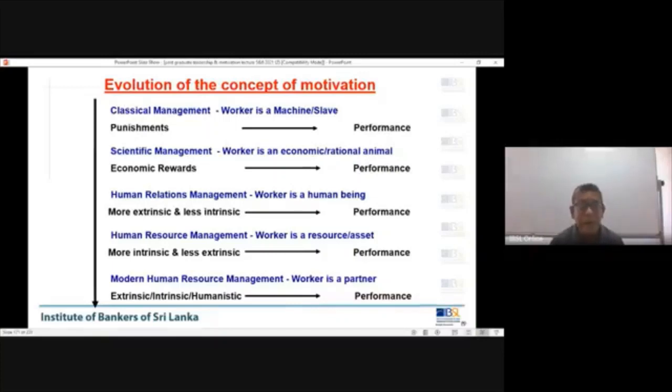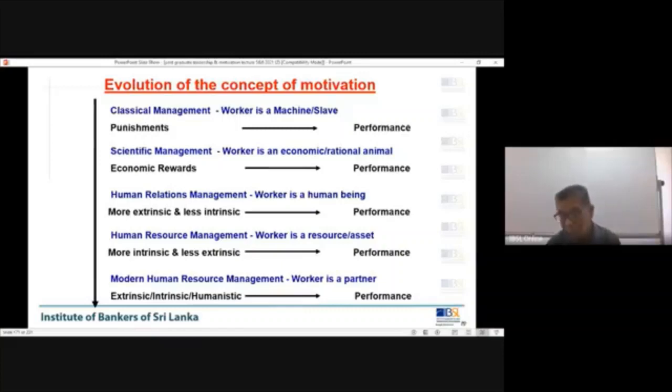In today's modern or contemporary human resource management, we talk about the worker as not only an asset, not only a resource, but a partner of your business. They now add some humanistic things into the motivation triggers, like extrinsic, intrinsic, and humanistic things.